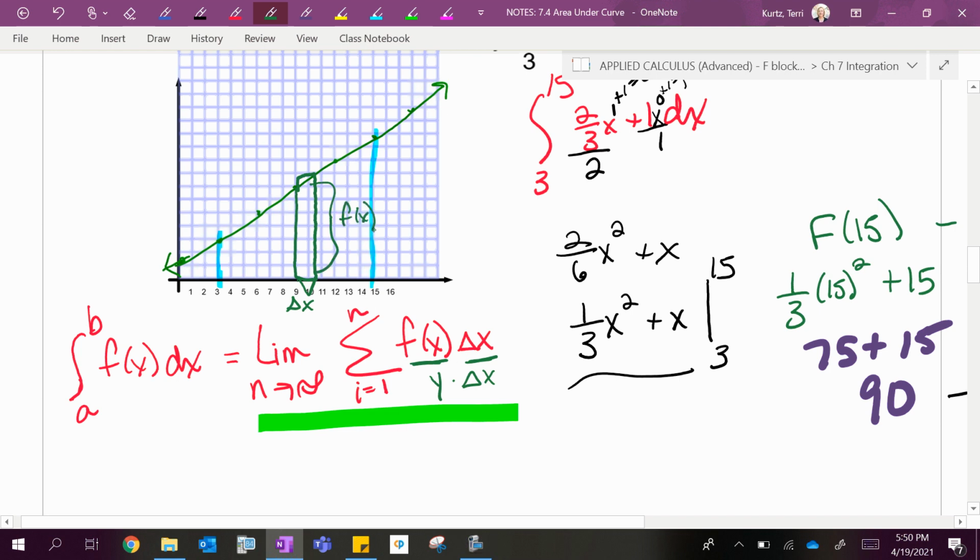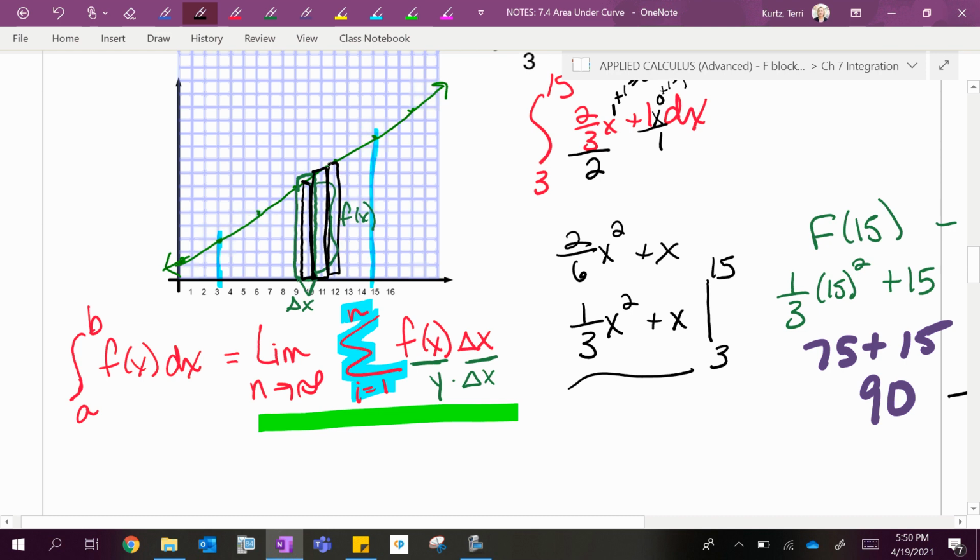Okay, so what this is showing is that this sigma symbol right here is a summation symbol, which just means adding up all these values from 1 to infinity. So what this represents is that we're taking the limit of the area of an infinite amount of rectangles underneath this curve, okay?